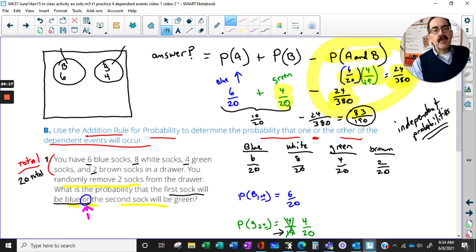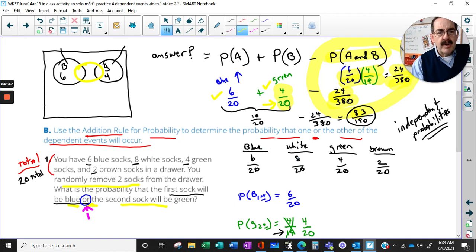What I need to try to convince you is there could be an overlap here. When we do this and this, 6 out of 20, 4 out of 20, there's an overlap. We could have the greens and the blues doubled up because of this overlap between the two.